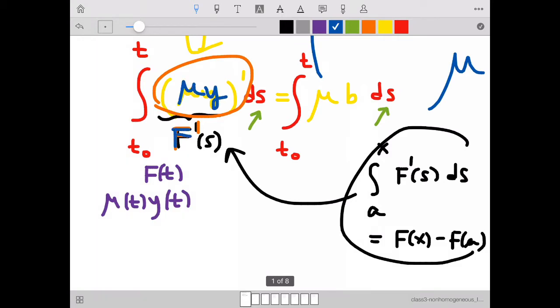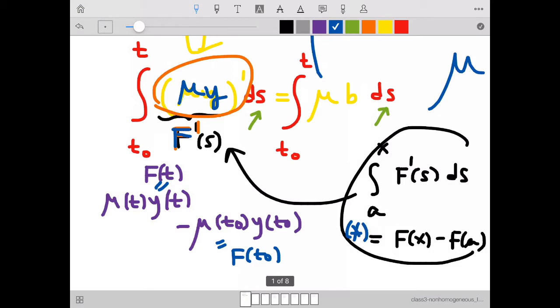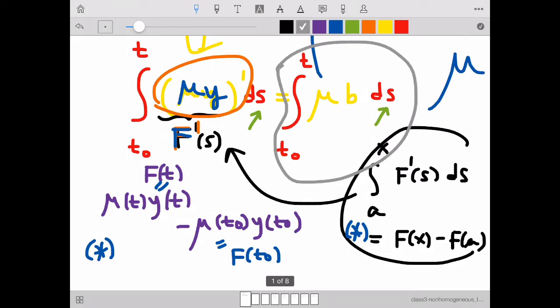So F of t is this minus mu(t0) y(t0). This is big F of t0. We used this star. By star, that's the left-hand side, and the right-hand side is still the same.